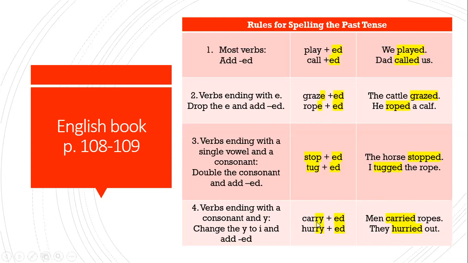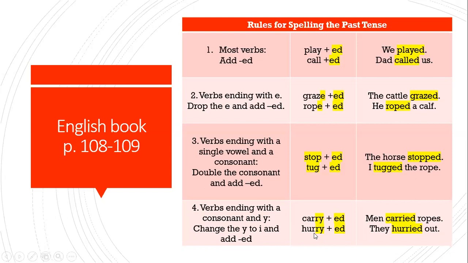Here's a consonant R, and it ends with Y. So what do we do when we have verbs ending with a consonant and Y? We change the Y to I, here it is, and then we add ed. So, the man carried the rope. You see how we changed the Y to I, and then we added the ed.